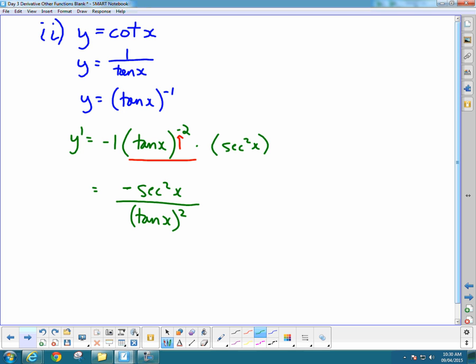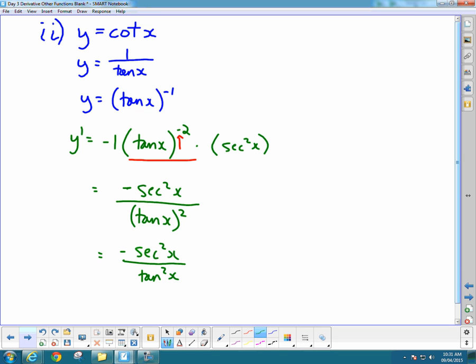So we took the negative from the exponent and put it on the bottom. I'm not going to write it like tan x all squared. I'm going to write it like we normally see it, which is tan squared x.